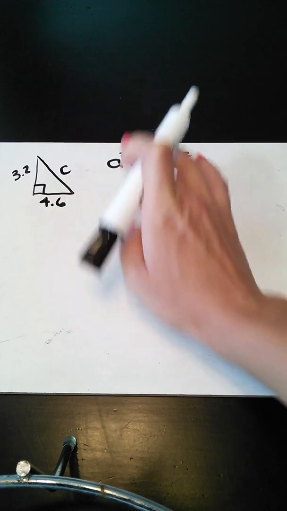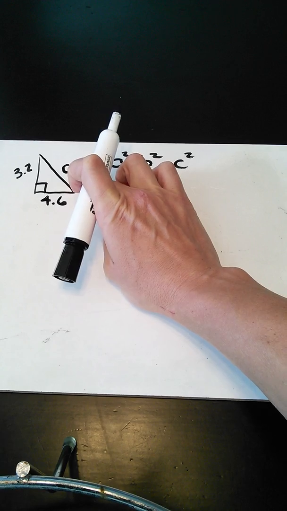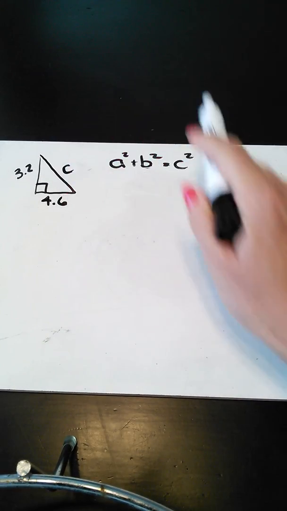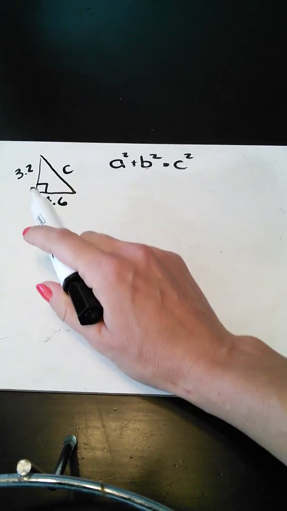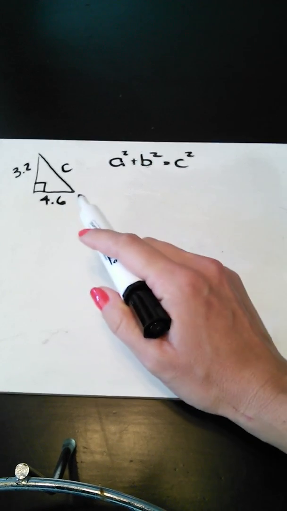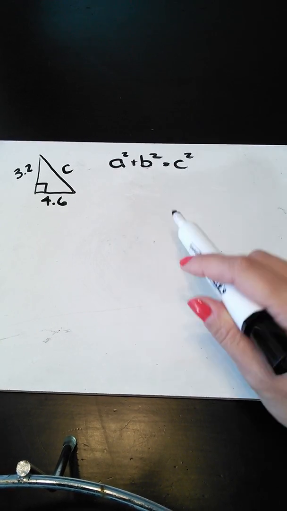So if we plug these into our formula, we are trying to find out what our hypotenuse is in this case. We know that if we square one of the sides and add it to the square of the other side, we are then able to find what C squared is.